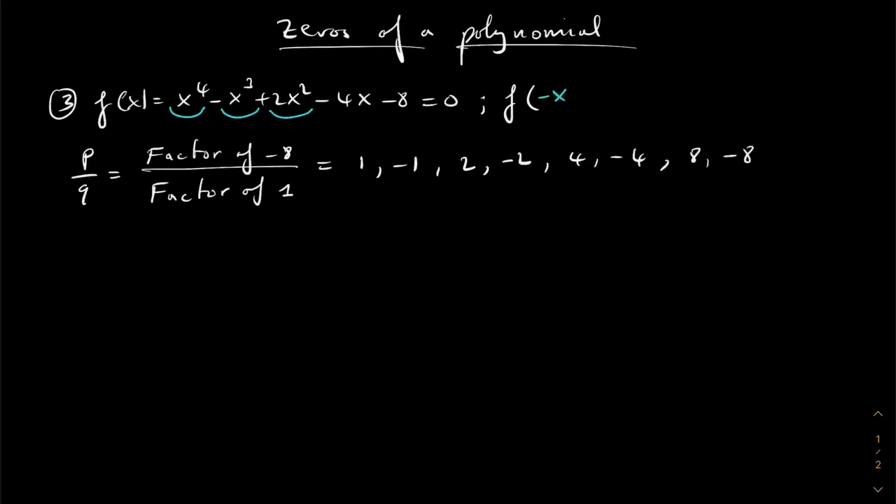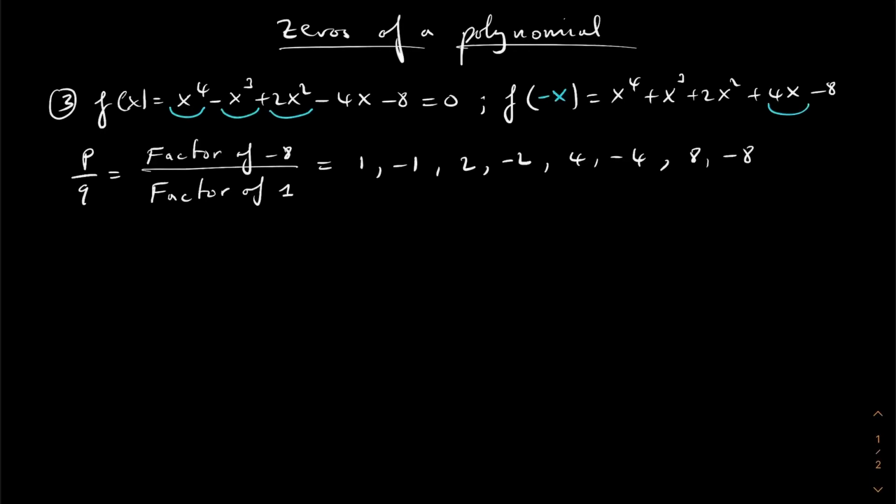And if you look at f of negative x, that's going to be equal to x to the power of 4 plus x to the power of 3 plus 2x squared plus 4x minus 8. And if you look at this, you see that this has only one sign change. What that means is that our polynomial only has one negative real zero, and that's it.